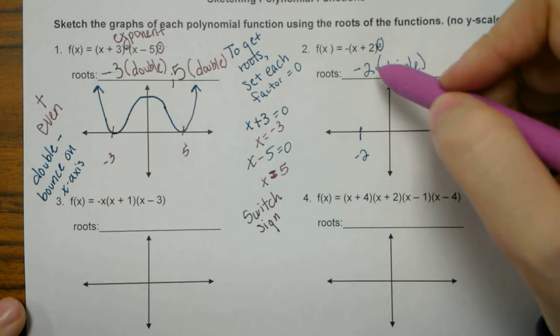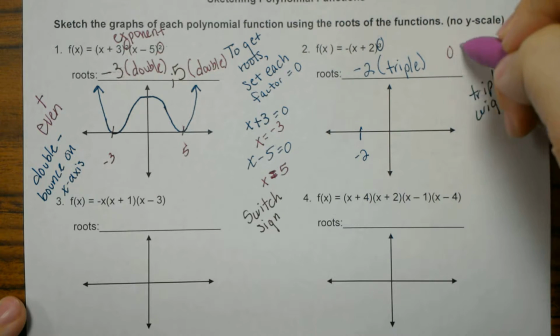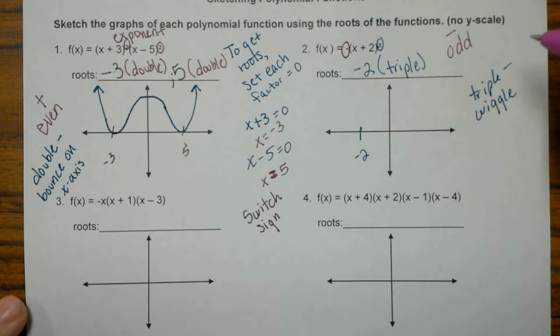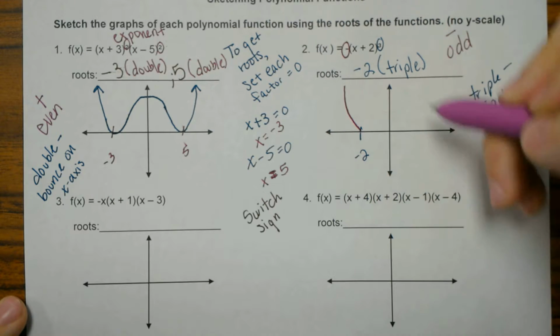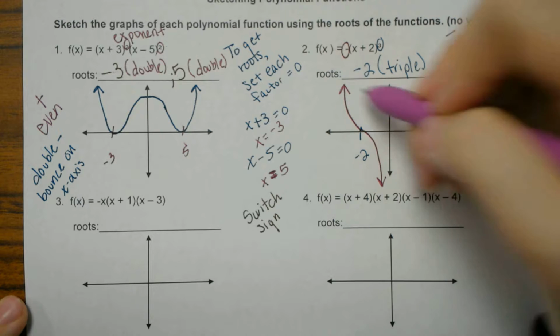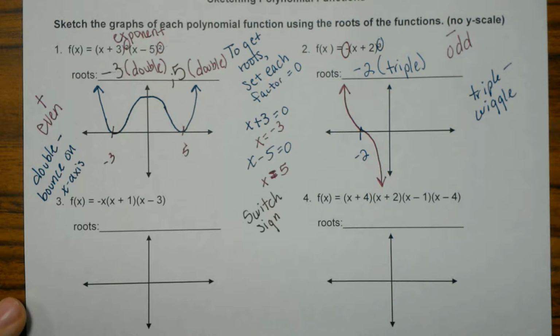And so if I have a triple, I have one root 3 times. 3 is an odd number, so I have an odd function. And there's a negative. It's a negative odd. So negative odd functions start the left side above the root, and they go below the root on the right. So it's kind of a wiggle that happens as you pass through your root.